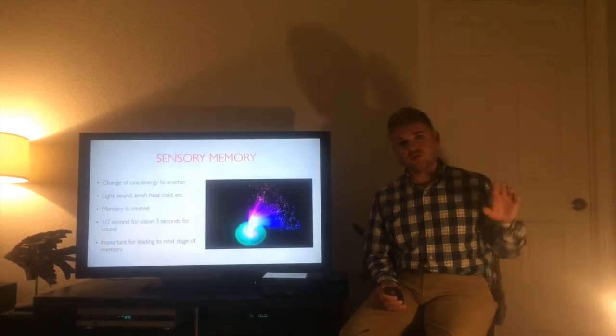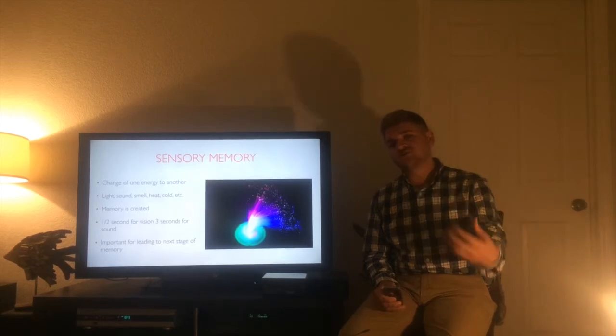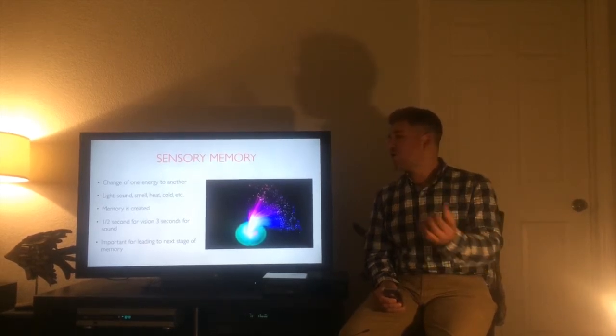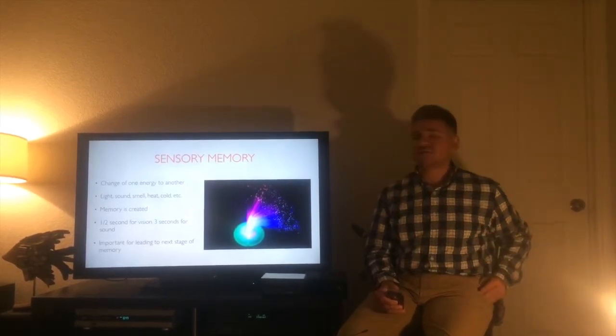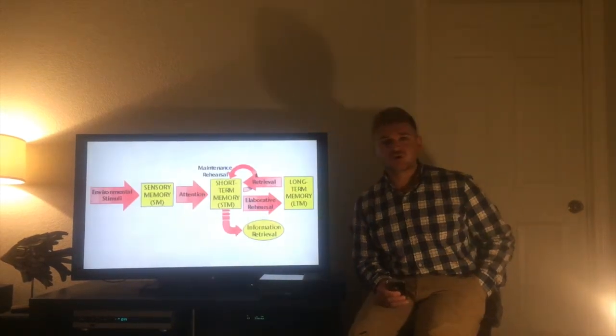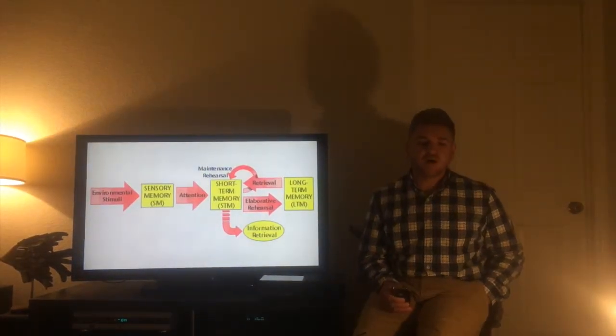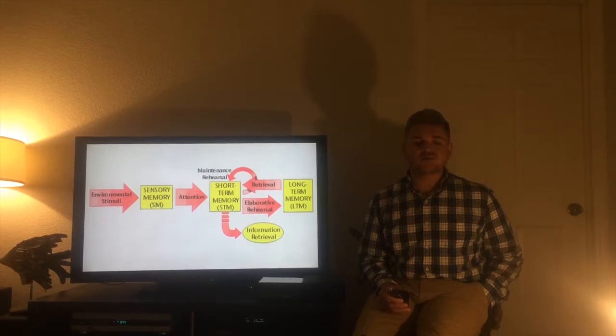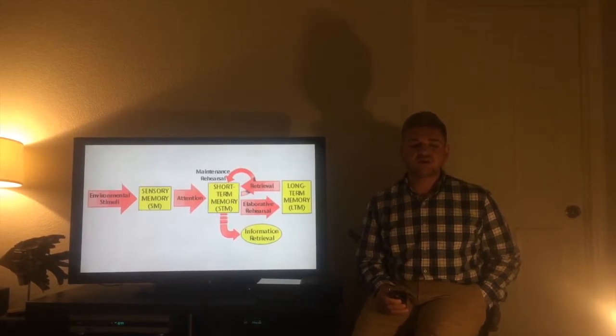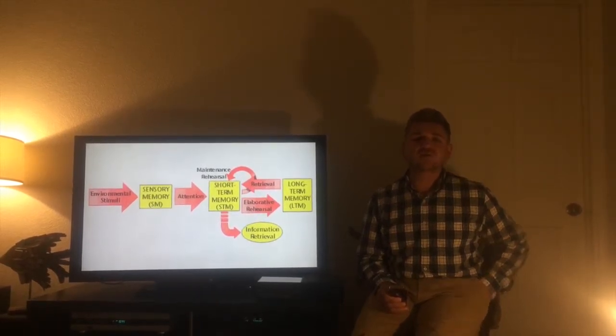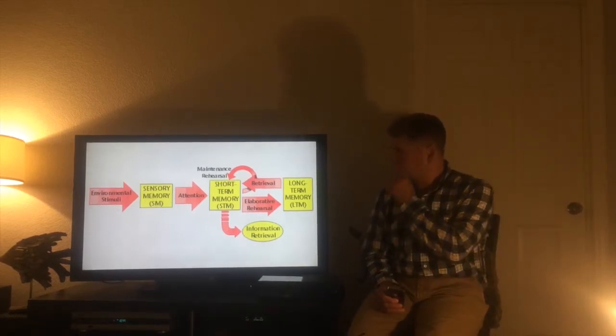This is important to know because once you give a little more process to that sensory memory, we then go into the next type of memory, which is your short-term memory, the STM. There are basically two types of ways in which we get a short-term memory.